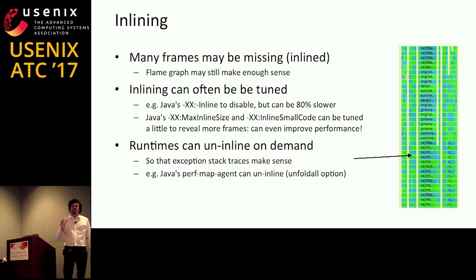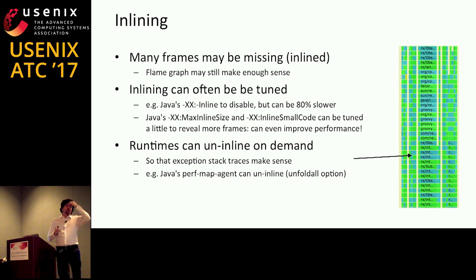Java, by default, you can tune it, can inline up to 9 levels deep. Can you imagine losing 9 frames and then trying to understand the stack? Fortunately, when you're only losing 2 out of every 3 and you browse the stack and you understand you're missing these frames, you generally can make sense of it. And why you're missing it is when you're using a system profiler like perf, it's walking the frame pointer register.